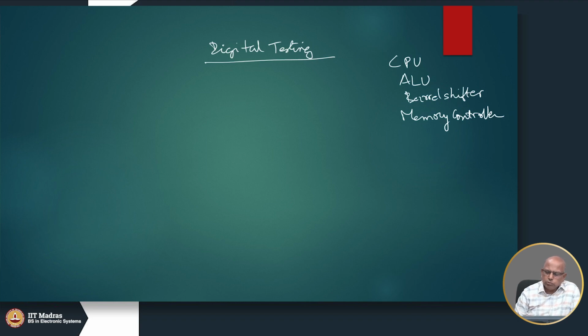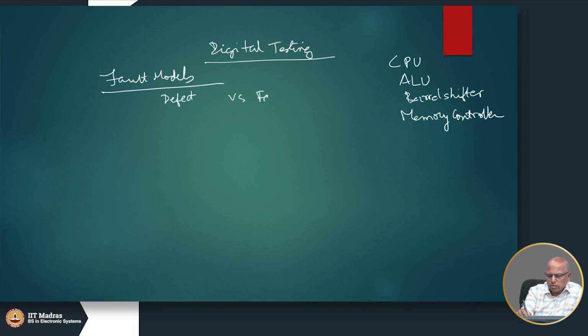And when we were talking about digital testing, we talked about fault models. So remember that we distinguished between a fault and a defect. A defect is a physical phenomenon such as a transistor being permanently open or permanently closed, a dust particle, or a short between VDD and one of the lines.